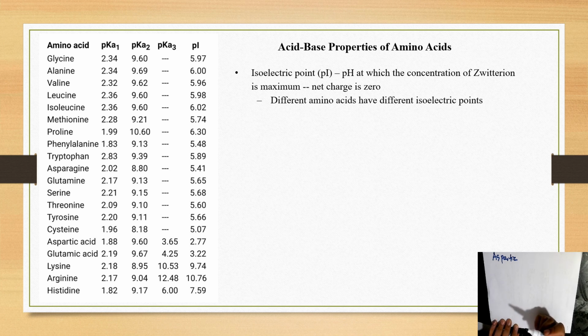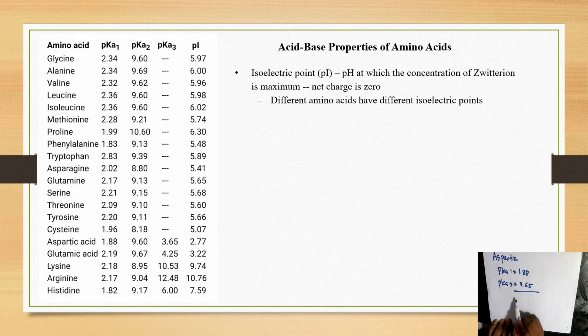So to get the pI, or isoelectric point, of aspartic acid, we select the pKa1, which is 1.88. And since the side chain of aspartic acid is acidic, then we get the pKa3, which is 3.65. So you add the two.